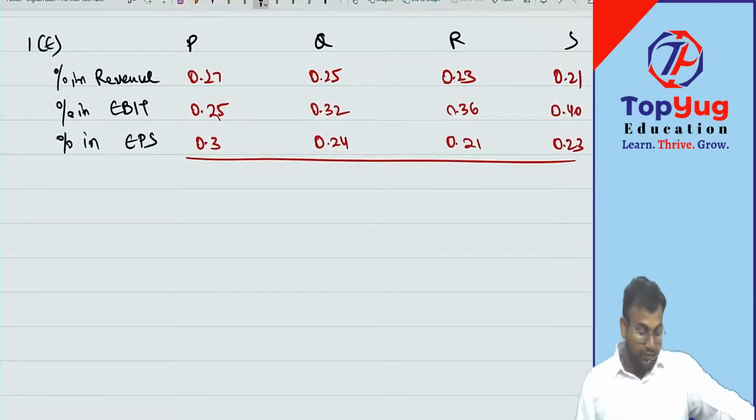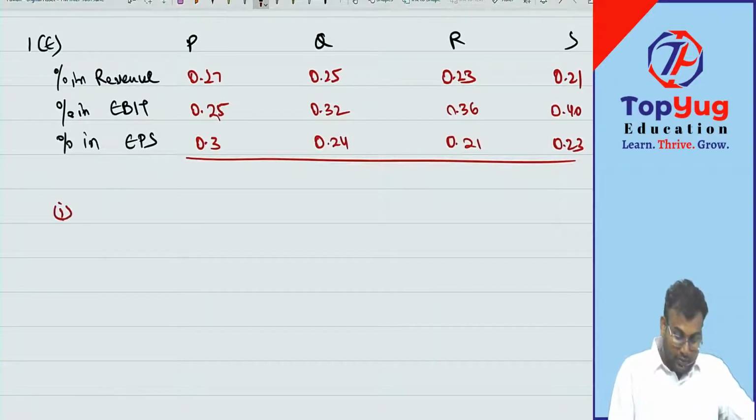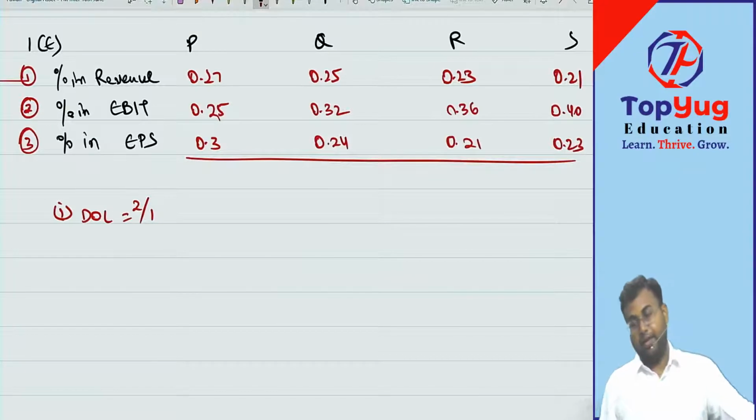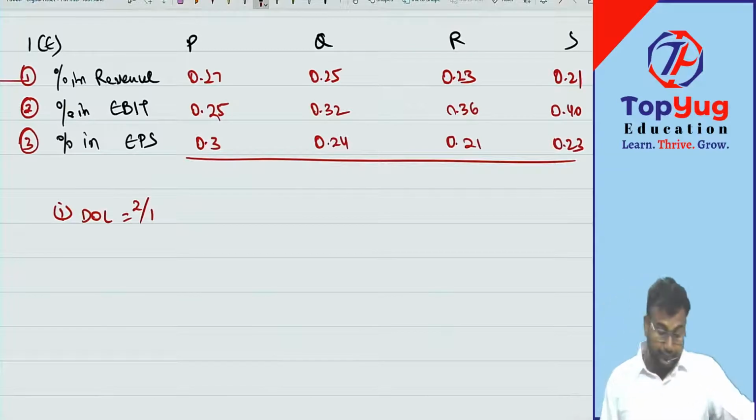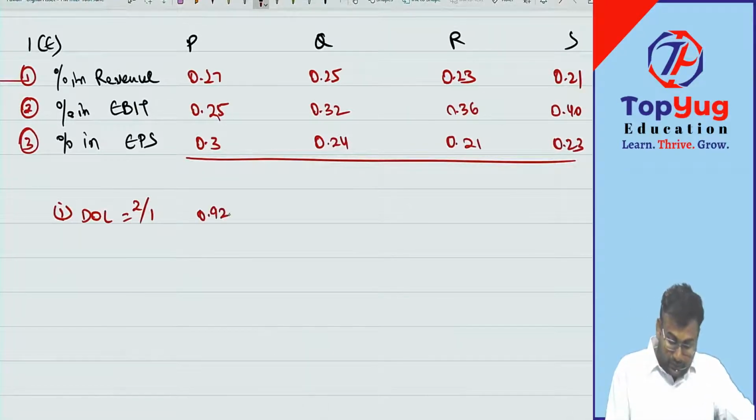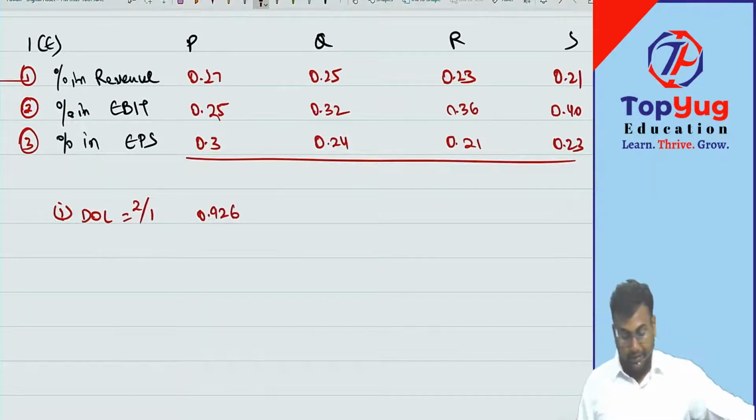yes, first bit DOL. If I name this as 1, 2, 3, please tell me what would be the DOL formula? 2 by 1. Yes, can you please give me the answers, dear? Next.